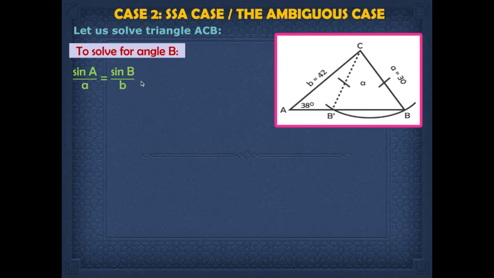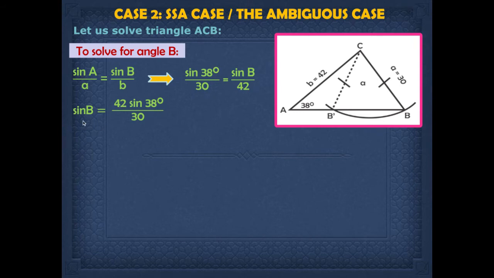So if we substitute the values, we will have sine 38 degrees over 30 equals sine B over 42. By cross multiplication and dividing both sides by 30, we will have sine B equals 42 sine 38 degrees over 30. And that will give us a value of 0.8619.